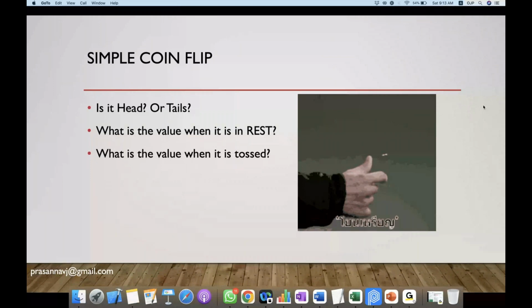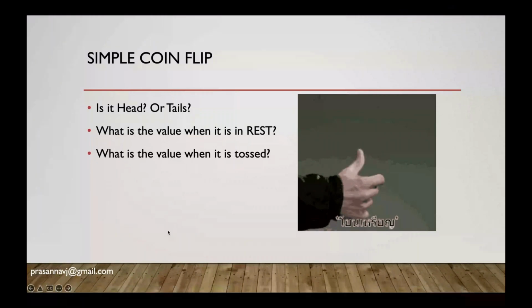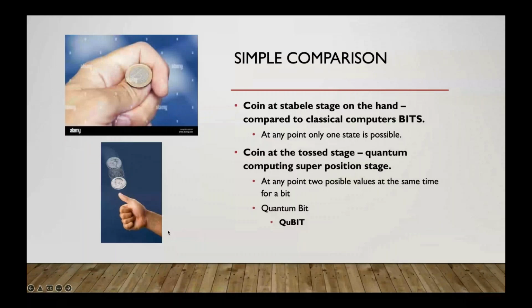Let me explain in detail. A coin at the stable stage can be compared to the bits in classical computers. You have a stable coin, and you can see the state of that particular coin.